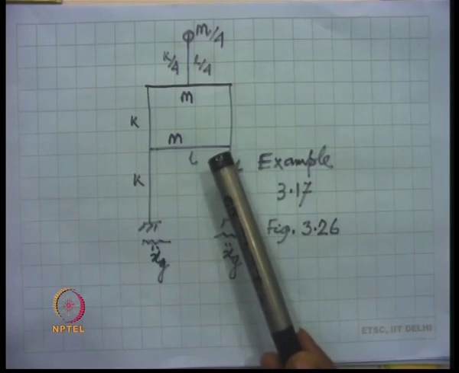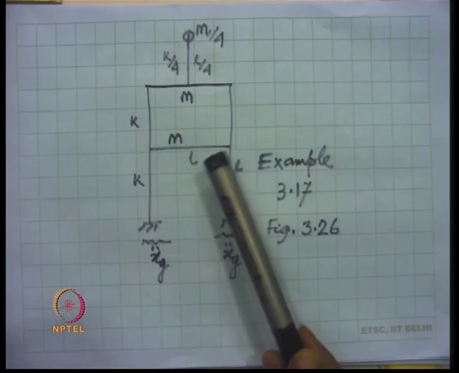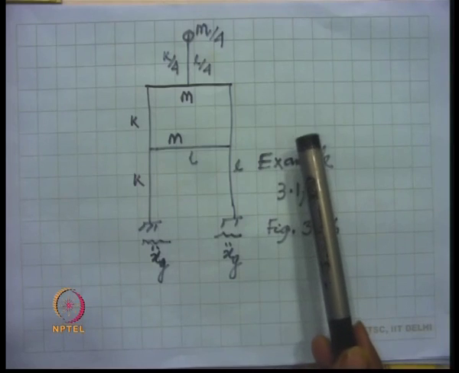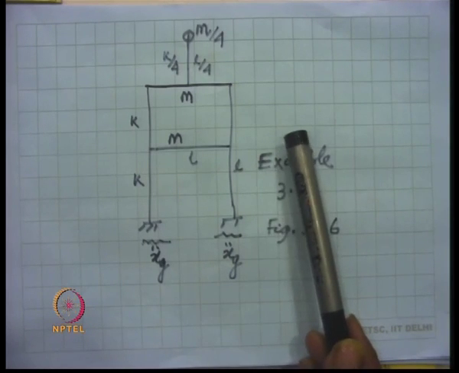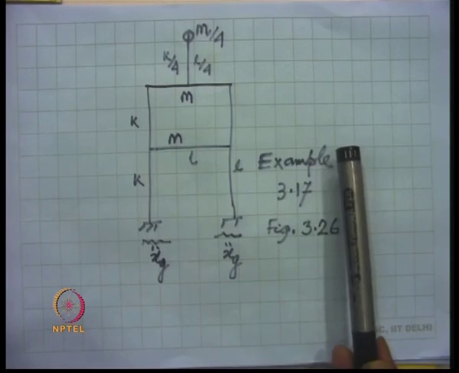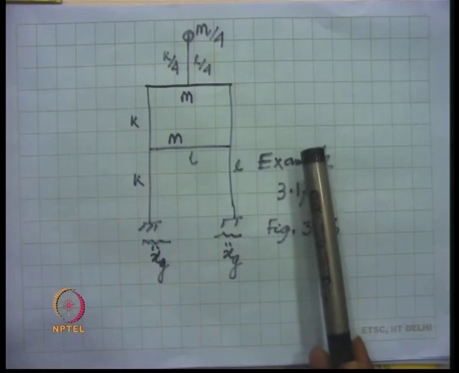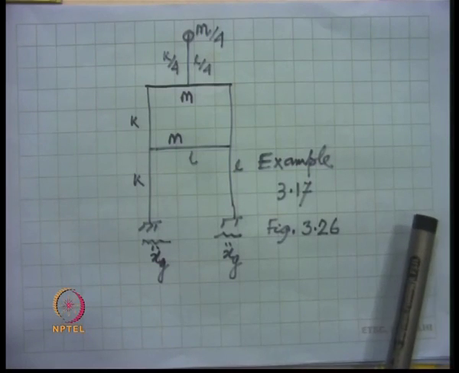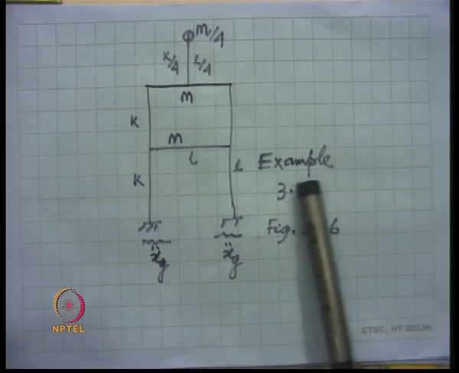For that we can obtain the displacement response spectrum first. Then from the displacement response spectrum we derive the pseudo velocity spectrum, and from that we can derive the pseudo acceleration spectrum or the acceleration spectrum that we generally use.